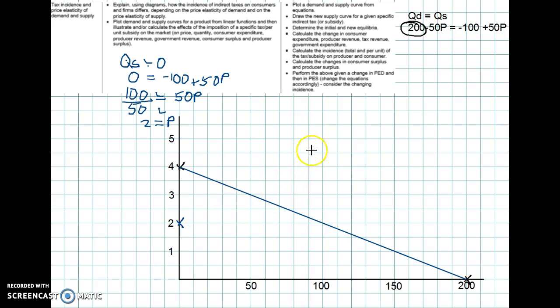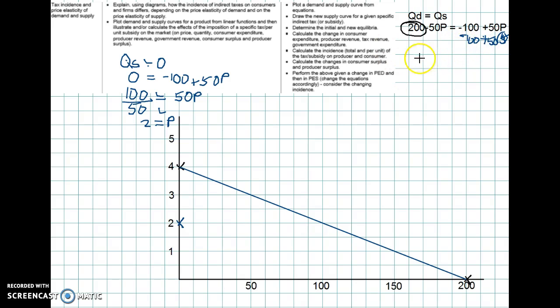Okay, so we need one other point. So let's change p to 5. So minus 100 plus 50 times 5, which is 250.